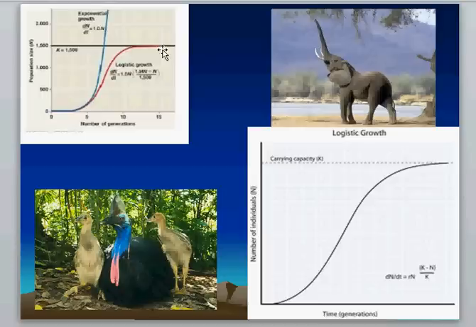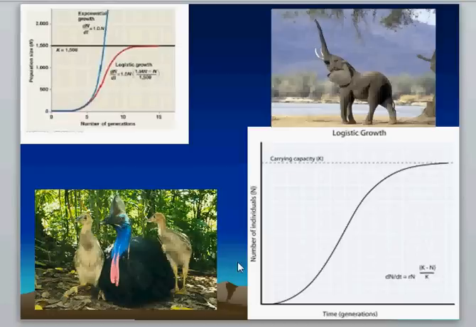The types of species that we have which are K-selected species are elephants. They are able to control the density of their population. Cassowaries, which are a type of rainforest emu found in Australia and in Papua New Guinea, also remain at a similar density.